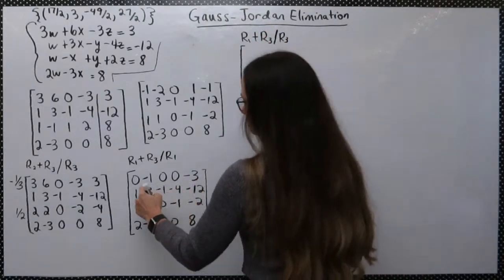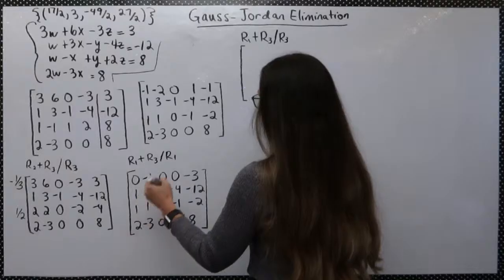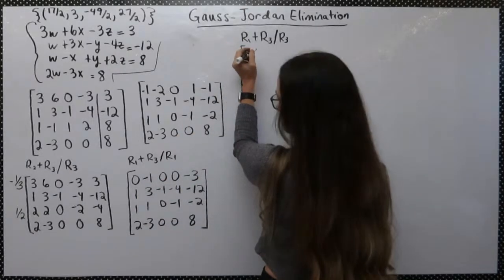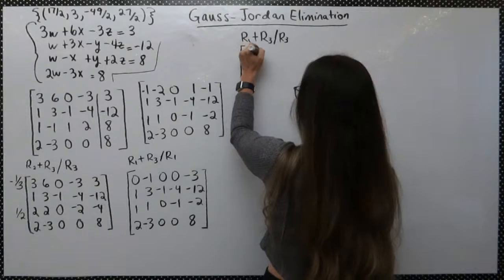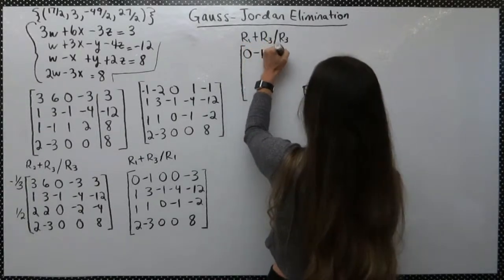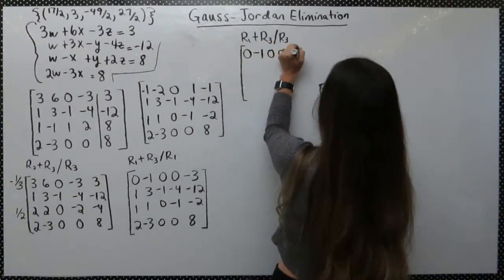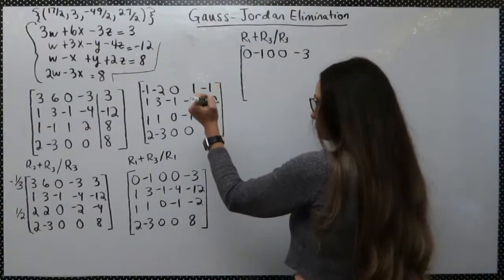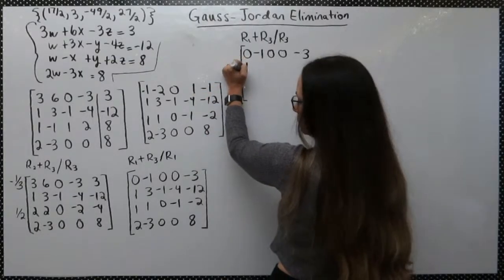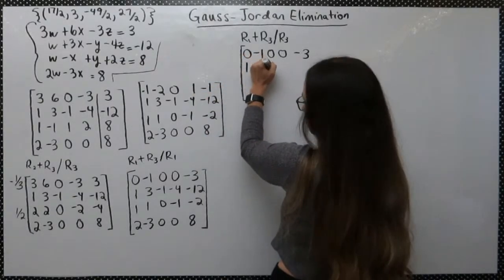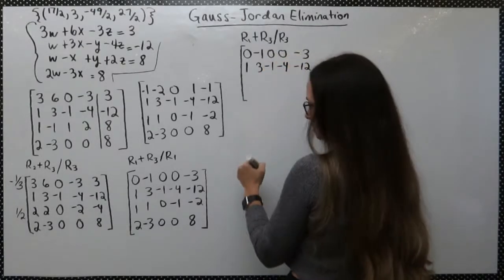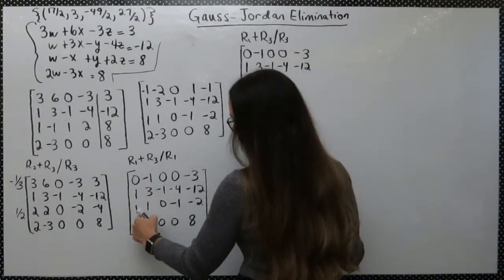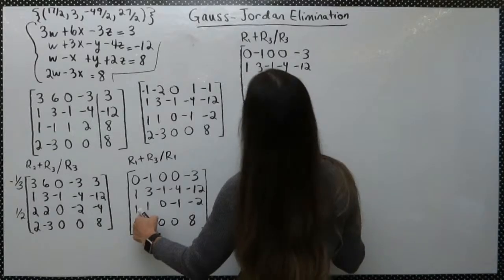So we've got 0 plus, wait, we'll go ahead and write this in here. 1 and -1, 0, 0, -3. And we've got 1, 3, -1, -4, -12. We're adding rows 1 and 3 and replacing row 3 this time.